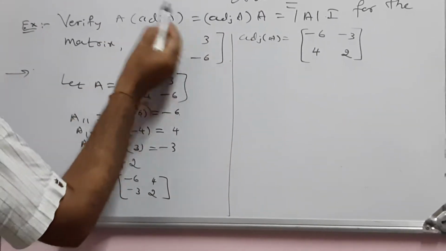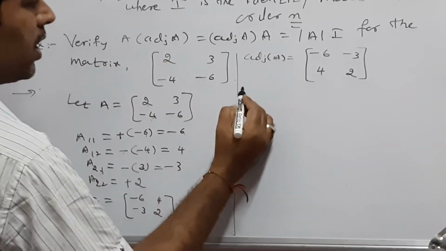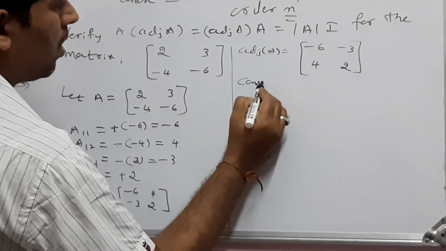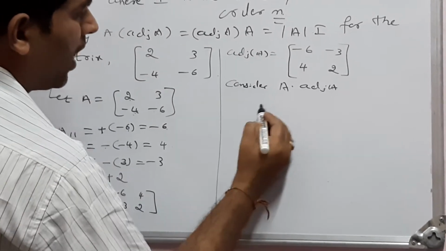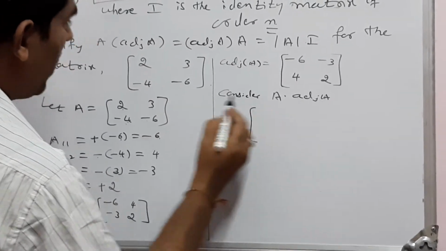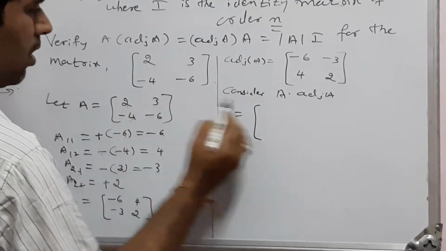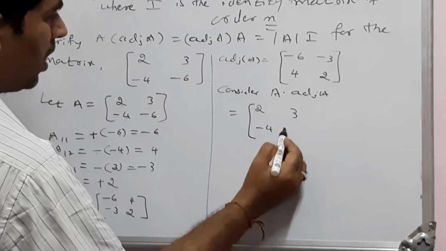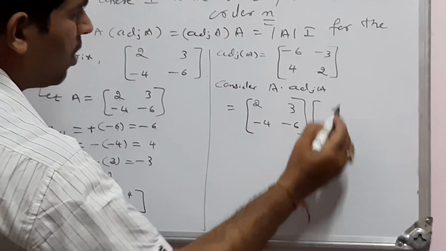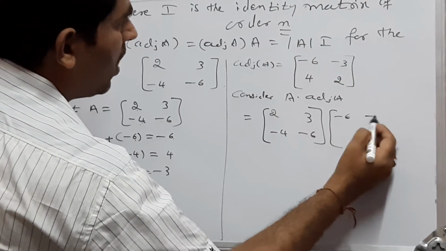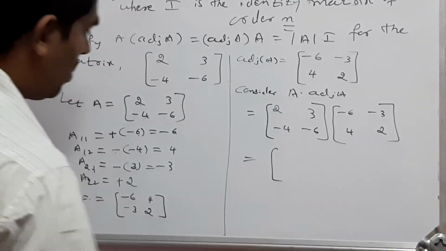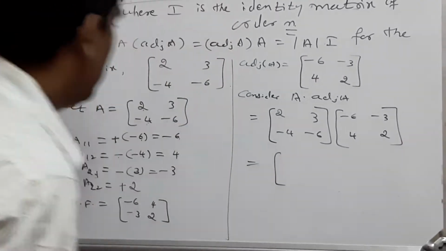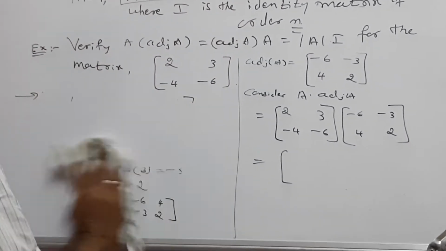Now we consider one of the products, A into adjoint A. What is the matrix A? This is the given matrix, 2, 3, minus 4, minus 6, into the adjoint, minus 6, minus 3, 4, 2. Let me write the product.